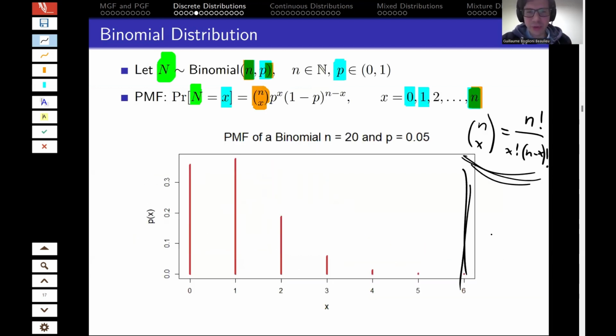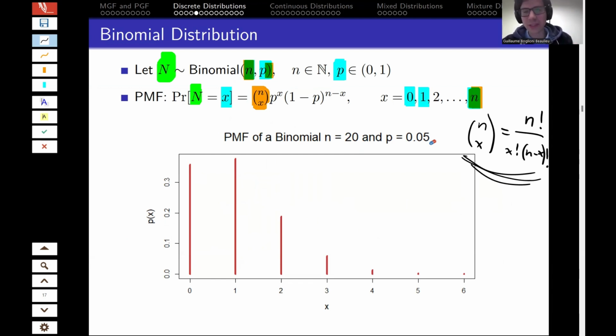They look relatively similar. There's actually a result that says that if n is fairly big, but n times p is not big, then the Poisson and the binomial are pretty similar. You can approximate the binomial with the Poisson. This is a bit vague: n needs to be big and n times p needs to be small.